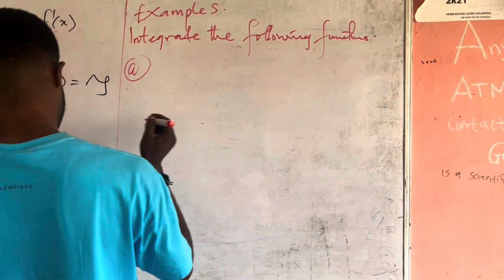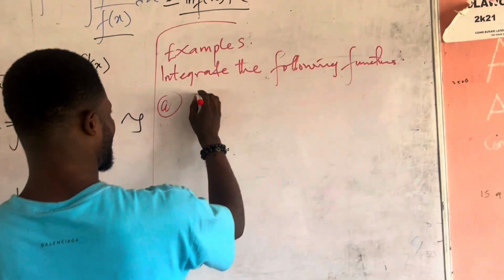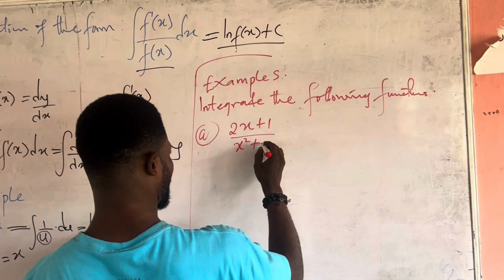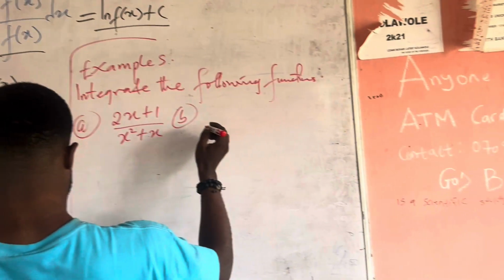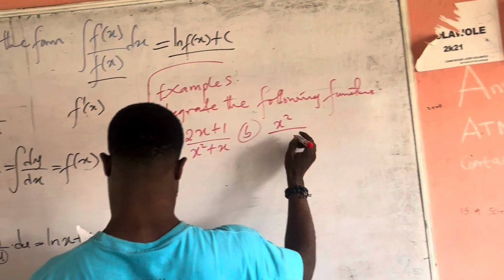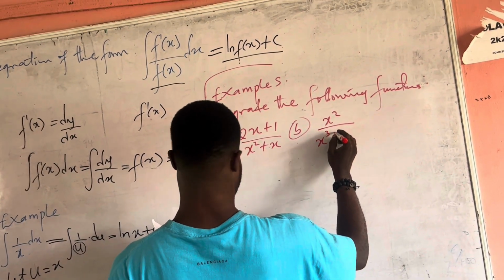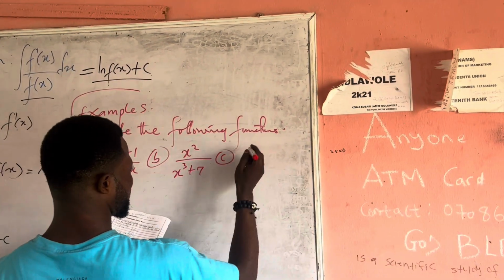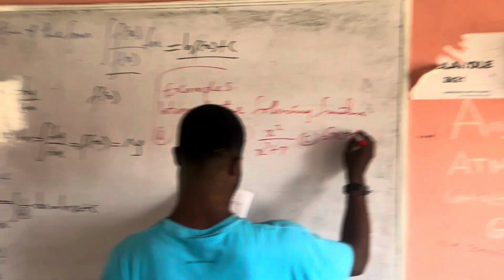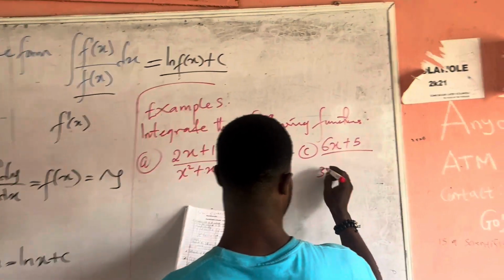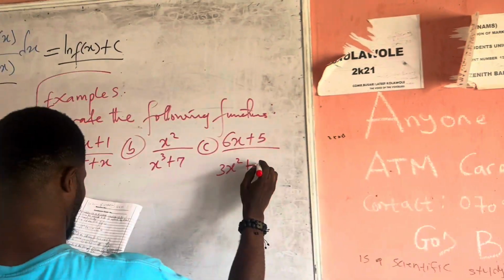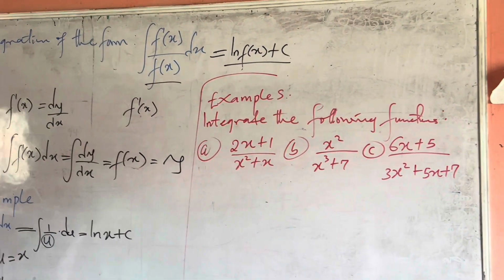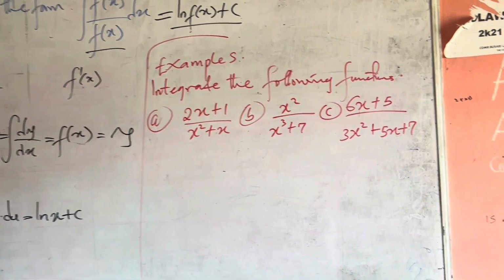We have a, 2x plus 1 all over x squared plus x; b, x squared over x cubed plus 7; and c, 6x plus 5 all over 3x squared plus 5x plus 7. So to solve this, let me solve one from this question.